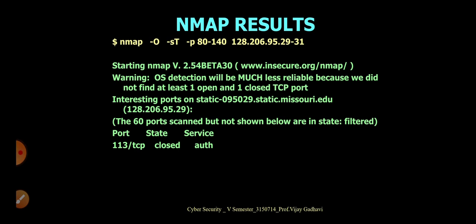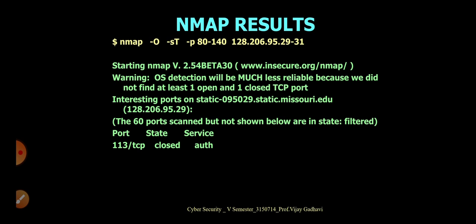In the upcoming topic, we are seeing the various tools, commands, and scanning methods of cybersecurity by using the NMAP tool and Nessus. We have seen many commands of the NMAP tool, but now we are talking about NMAP results.